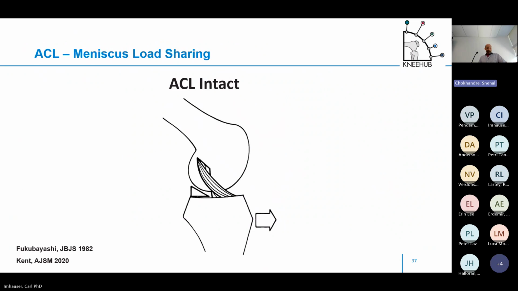And so I'll give two examples very quickly. For example, we're looking at ACL injury. We know that a secondary restraint in the ACL intact knee becomes a primary restraint to anterior applied loads in the ACL deficient knee.